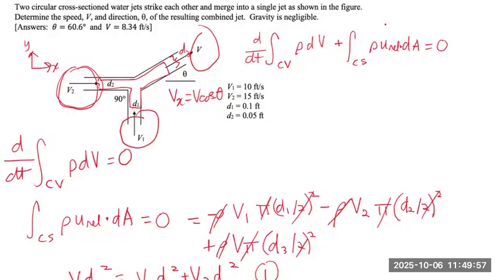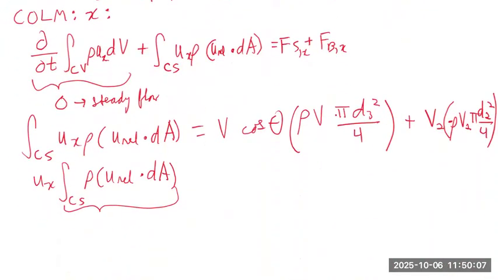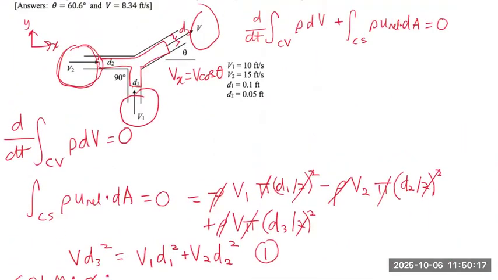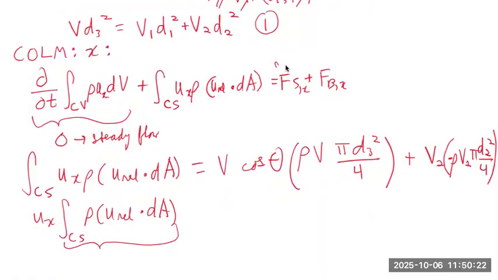Going back to our problem, it says that gravity is negligible. And we don't consider viscous forces here since we assume laminar flow. So the surface forces, because there are no shear forces to consider, are zero, and body forces, because gravity is negligible, are also zero. So this whole equation is equal to zero.